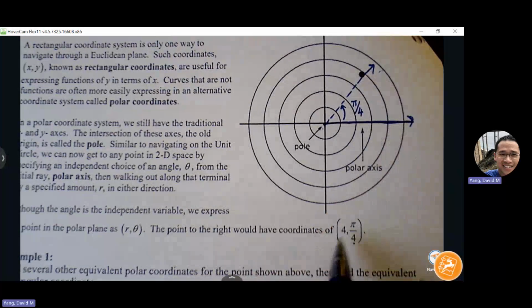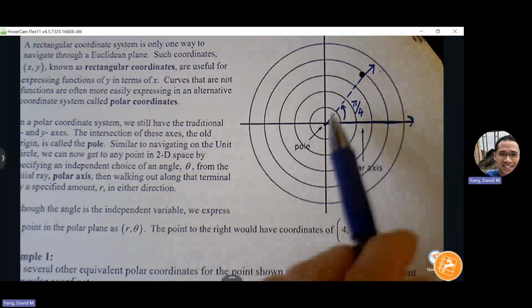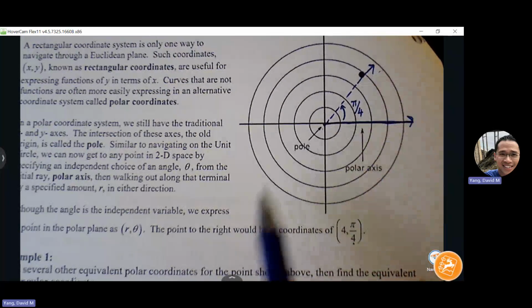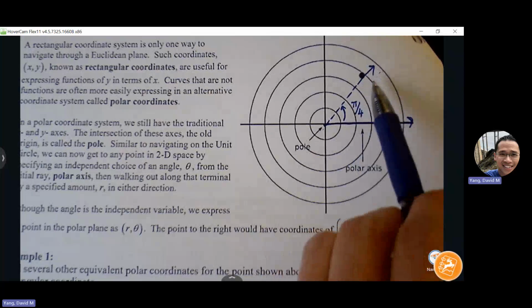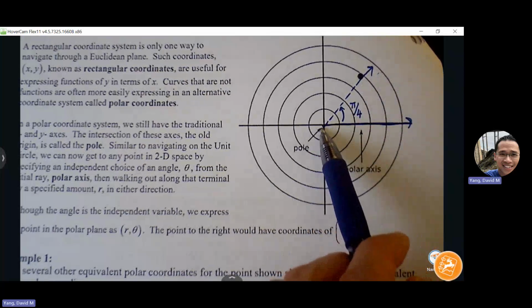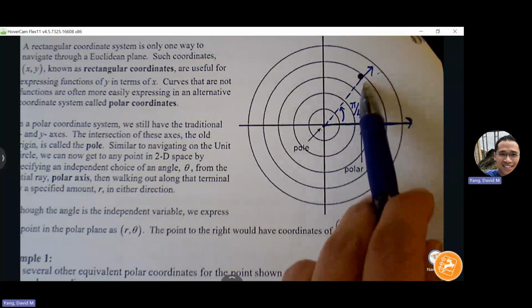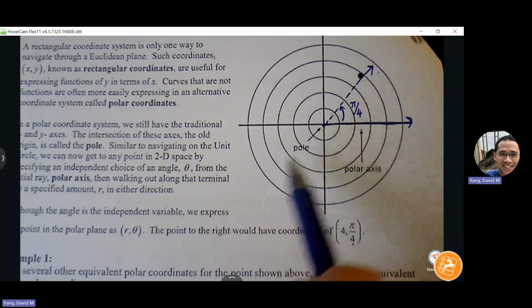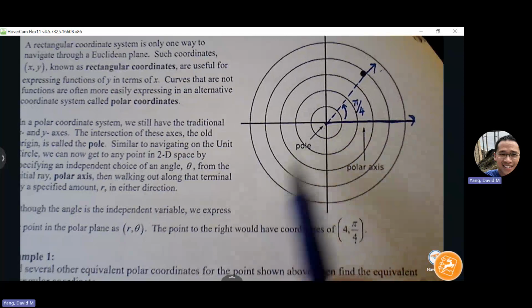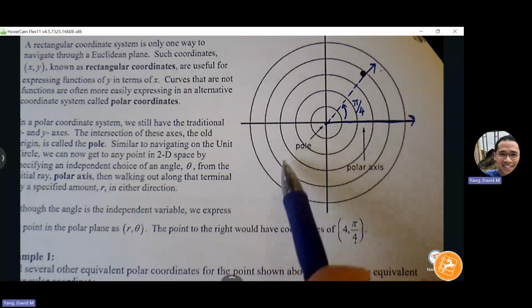Now, if it was (-4, pi/4), then we're still along this pi/4 line, but starting at the pole, instead of walking towards the first quadrant, we're going to walk away from the first quadrant. So the opposite quadrant is going to be the third quadrant, 1, 2, 3, 4.